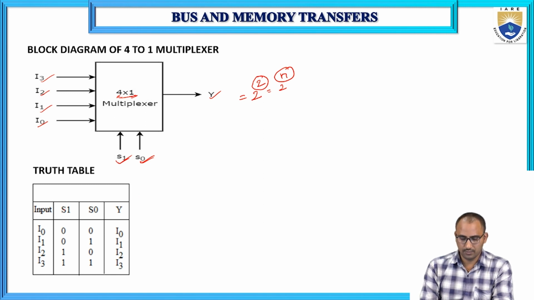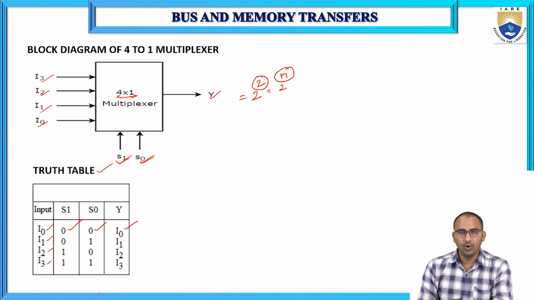See here, this is a truth table with inputs I0, I1, I2, I3. Based on the selection lines, if both are equal to logic 0, 0, then the I0 input will be connected to the output.